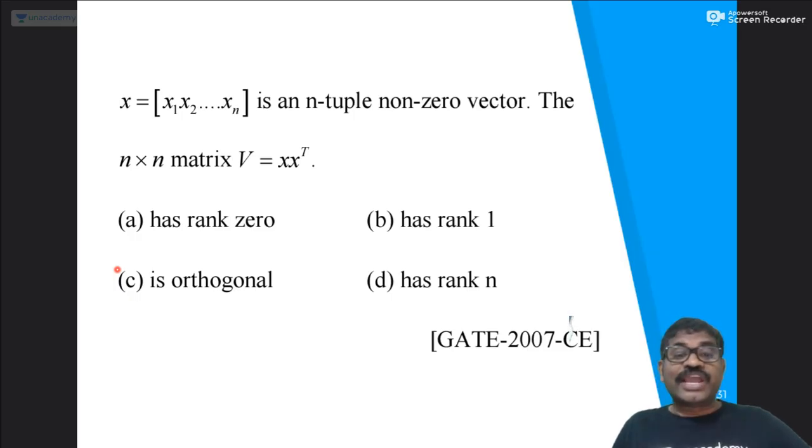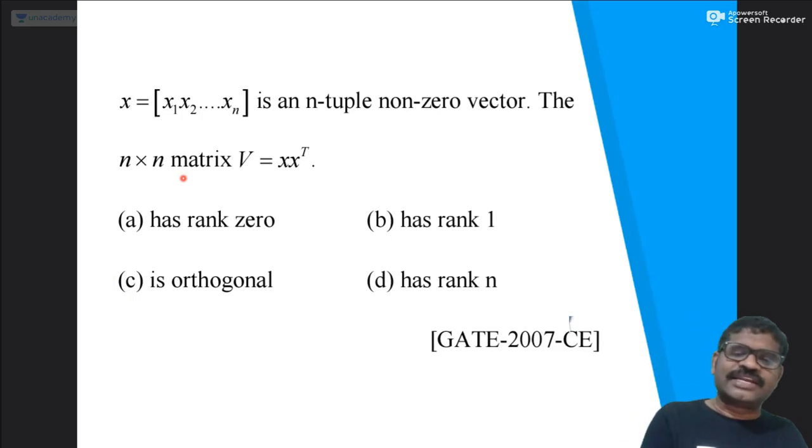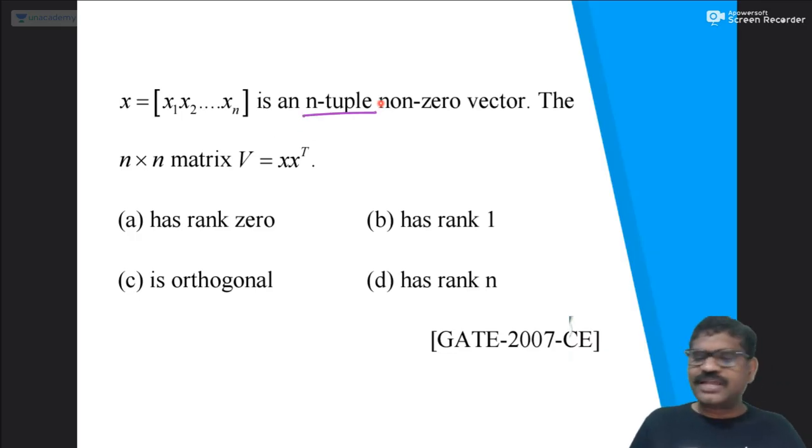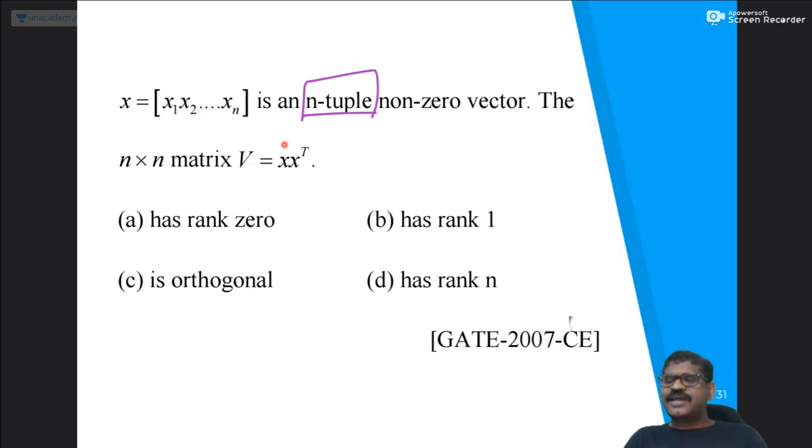x1, x2, ..., xn is an n-tuple non-zero vector. Most of the students' concentration is on this concept. What is n-tuple? Already one question we got. N-tuple is nothing but n-dimensional. N-dimensional vector, n cross 1 vector.